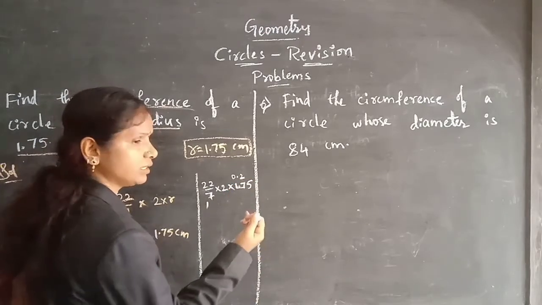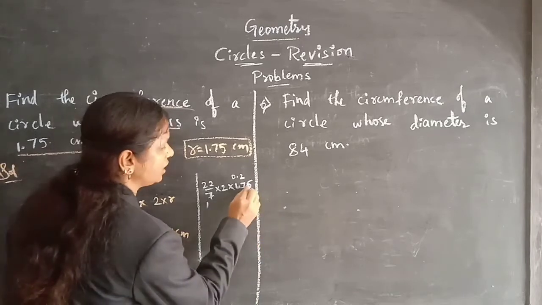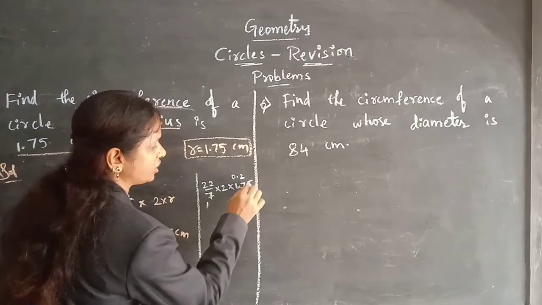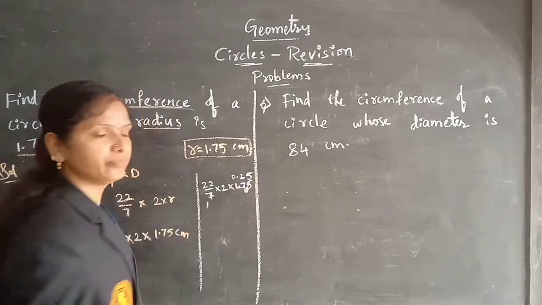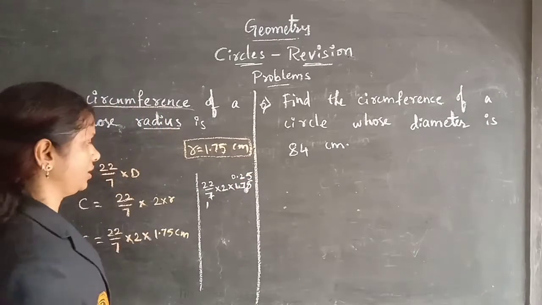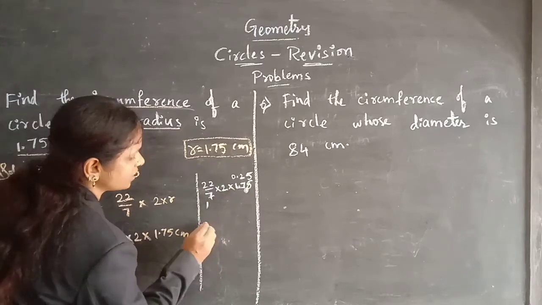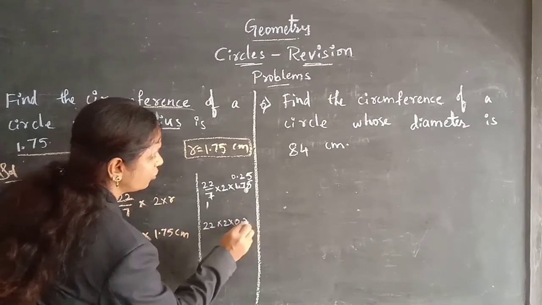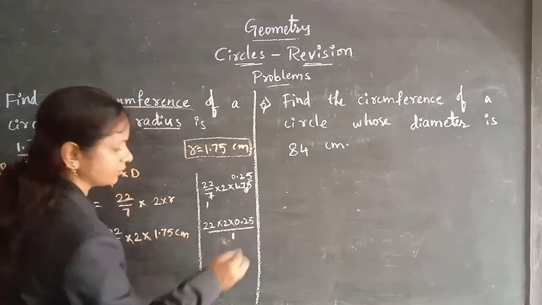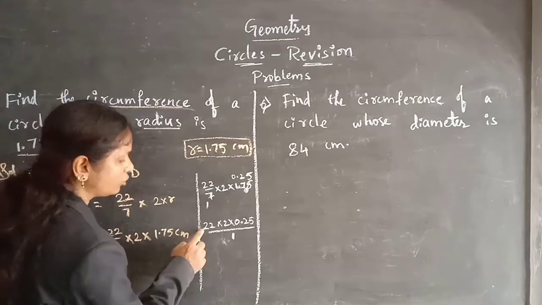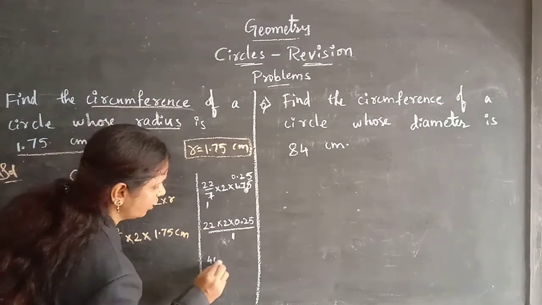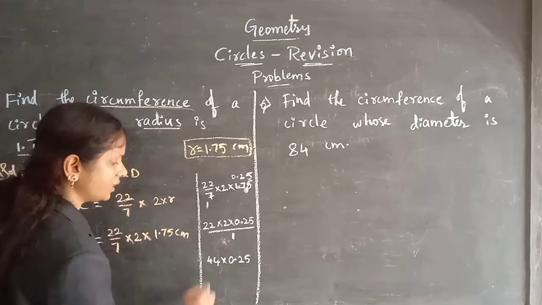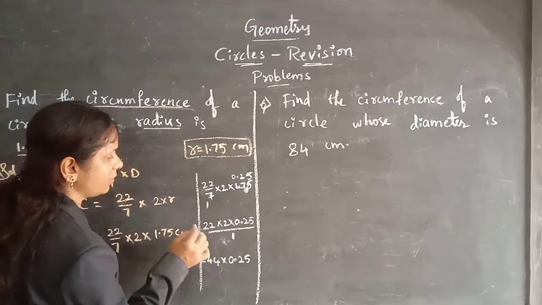So the leftover terms are 15, 16, 17, 3 numbers, so it will be 35, children. 7 fives are 35. So what are the leftover terms in the numerator? 22 into 2 into 0.25 by 1. Now 22 into 2 is 44 into 0.25, and there is no need to take the 1 in the denominator, children.